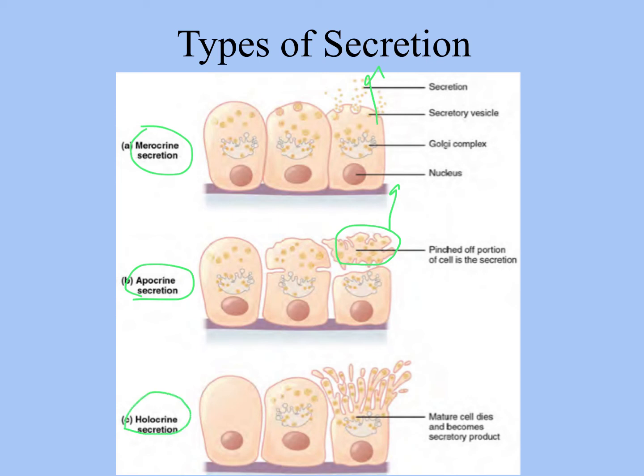And then finally, holocrine secretion, where, as shown here, an entire cell will mature, die off, and become the actual secretory product. Now, all of these, even though they're solutes, parts of cells, and whole cells, will be part of an aqueous solution that reaches the surface of the gland.